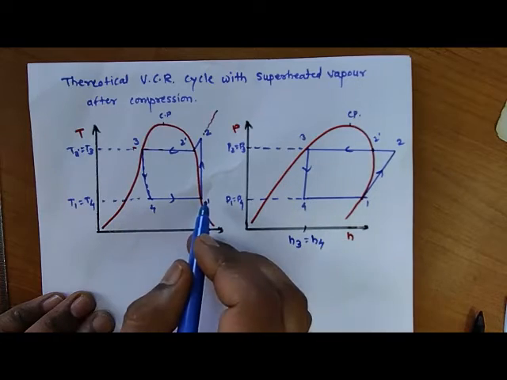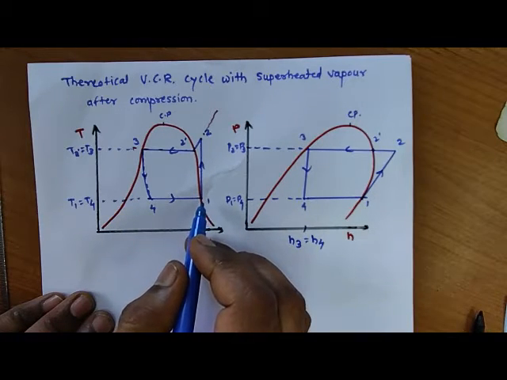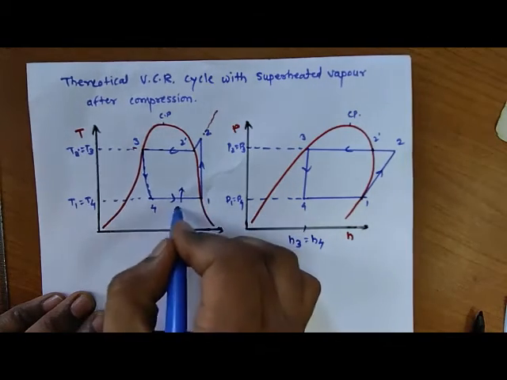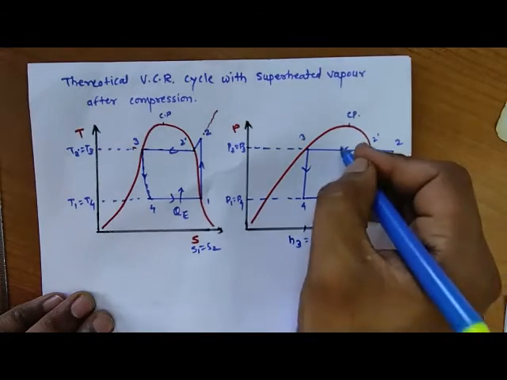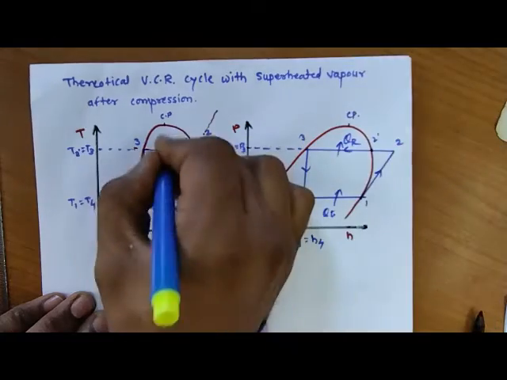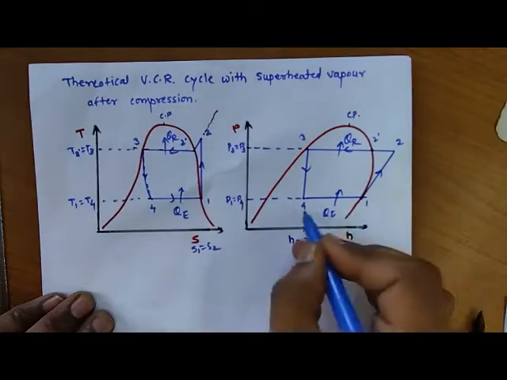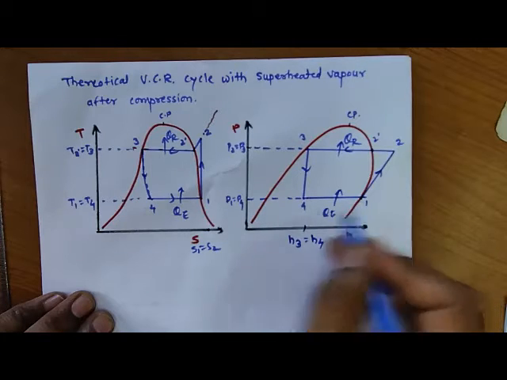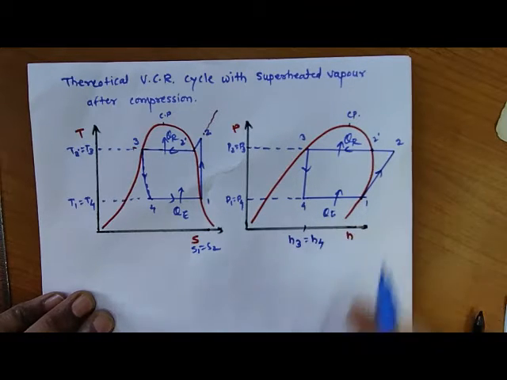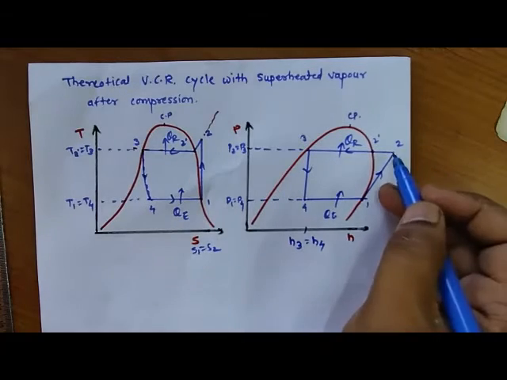The refrigerating effect will be produced, the heat will be absorbed by the refrigerant, and point number 4 will move to point number 1. So the process is carried out. Now then, how to find out H2?